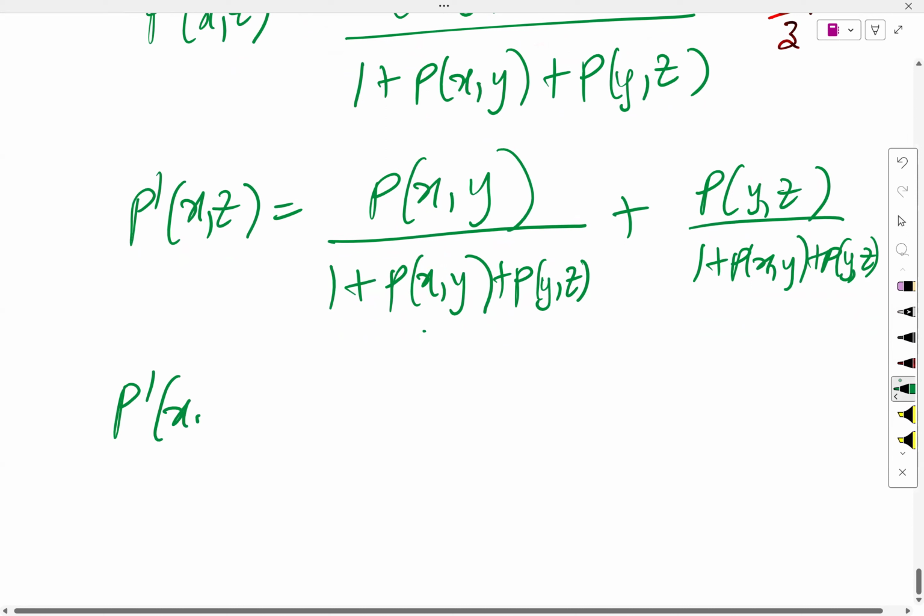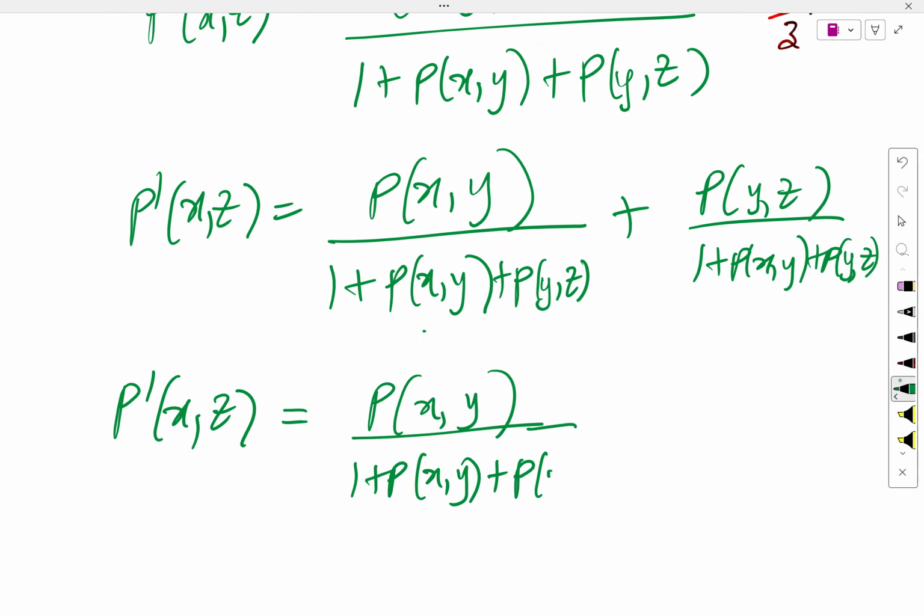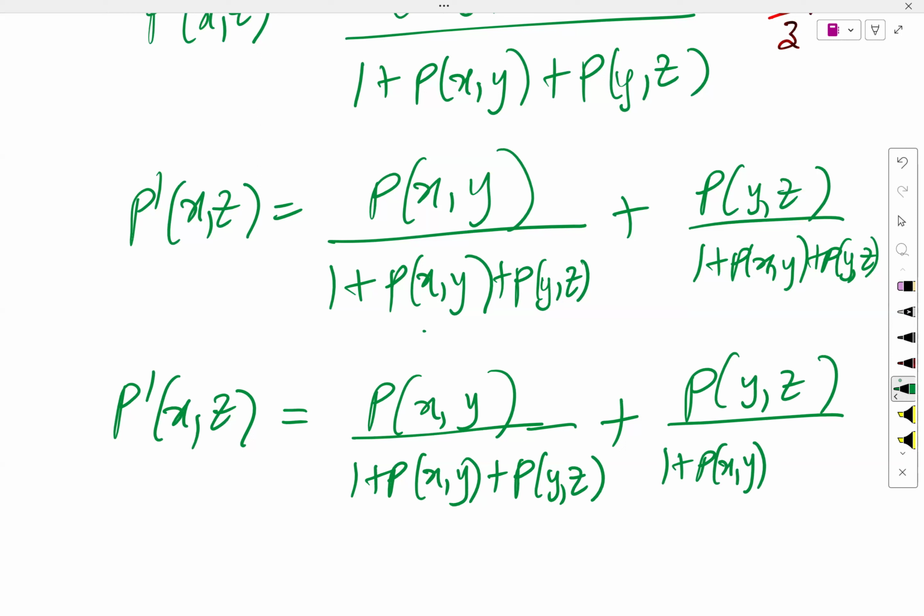So you have P prime of X comma Z. Now, let's assume it is still equal, rather, it's equal to P of X comma Y all over 1 plus P of X comma Y plus P of Y comma Z, plus P of Y comma Z all over 1 plus P of X comma Y plus P of Y comma Z, right?